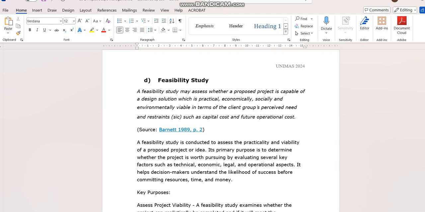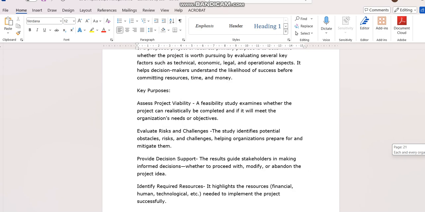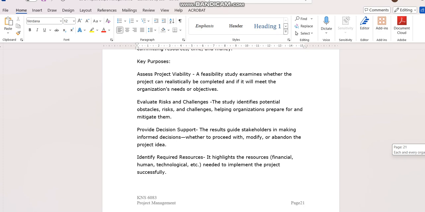So you need to evaluate many factors here: technical, economic, legal, operation, and so on and so forth. The key purpose here is mainly to look at the project viability, whether it's realistic, whether it meets the organization's goals and objectives. So you need to evaluate that again. You will also do some risk studies, and some proper economic and financial studies.